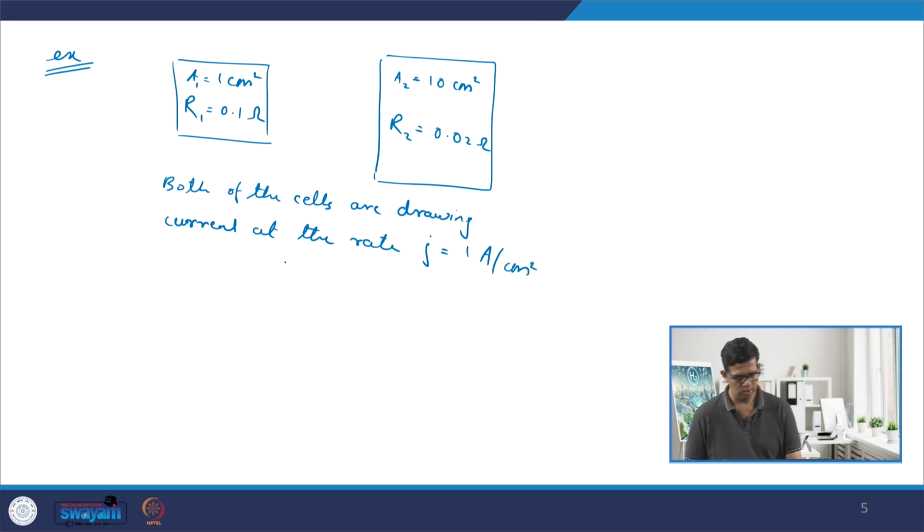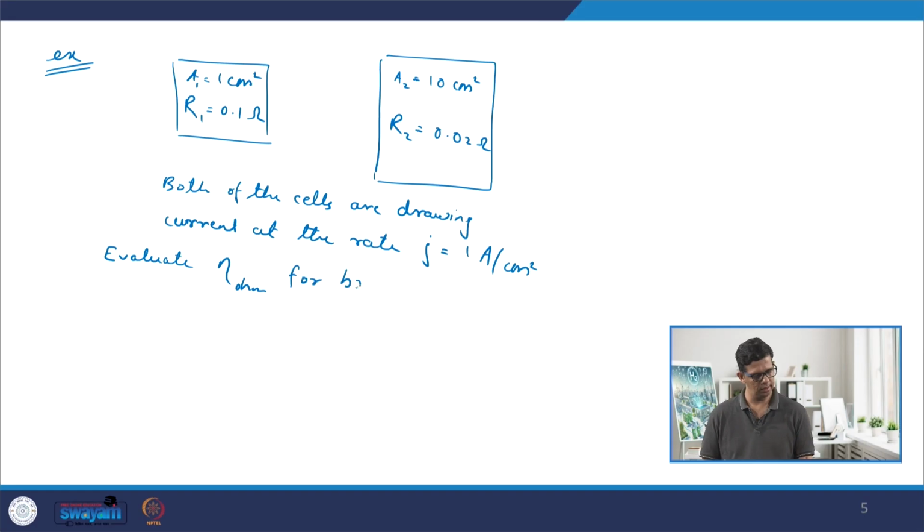So you have to evaluate the eta ohmic for both the cells.